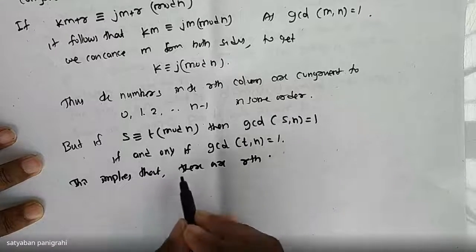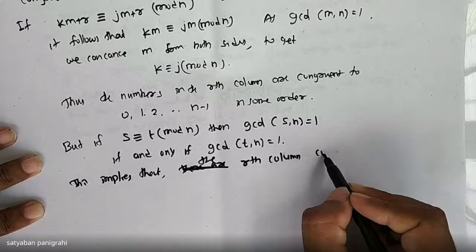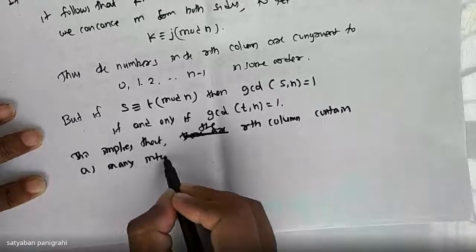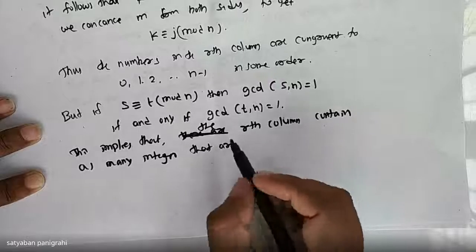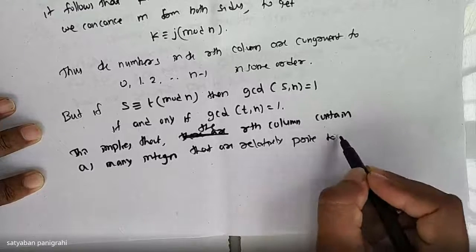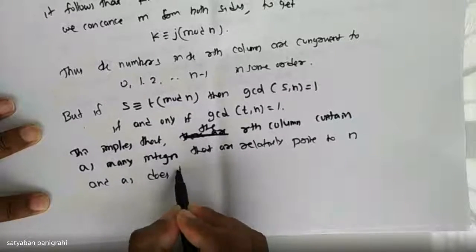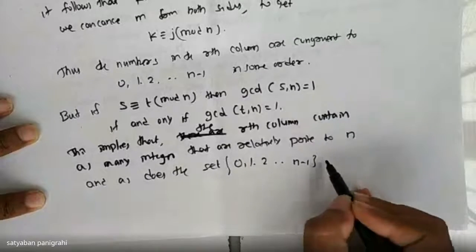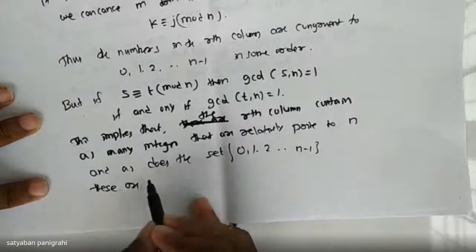This implies that the rth column contains as many integers that are relatively prime to n as does the set 0, 1, 2 up to n minus 1, and these are phi of n integers.